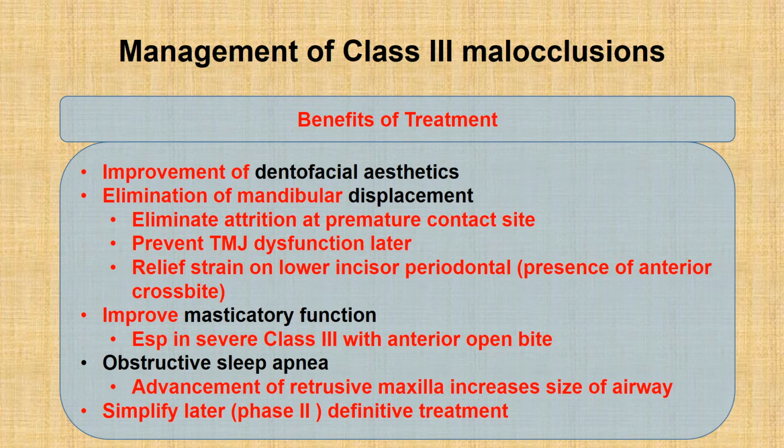This is important to avoid attrition at the premature contact site, and displacement of the mandible tends to produce temporomandibular joint dysfunction later in life, and this can be prevented. Also, the premature contact and the displacement of the mandible put a strain on the lower incisor periodontal tissues due to the presence of an anterior crossbite.